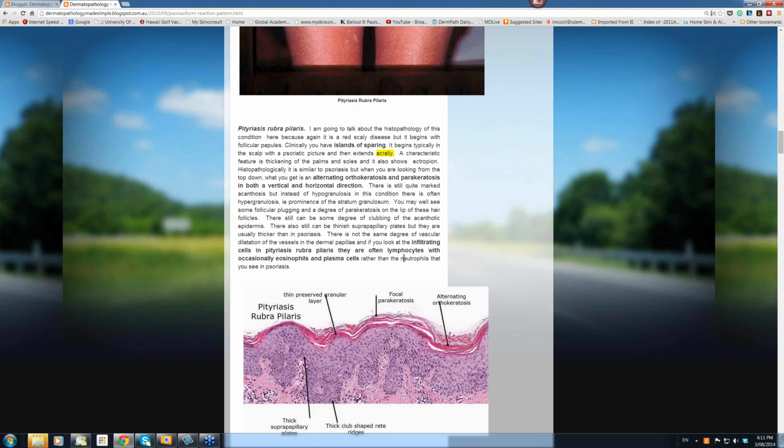They tend to be lymphocytes, occasionally even eosinophils and plasma cells, rather than the neutrophils that you're going to see in psoriasis. So: alternating para and orthokeratosis, preservation of the granular layer, still clubbed rete ridges, and not so thinned suprapapillary plates.